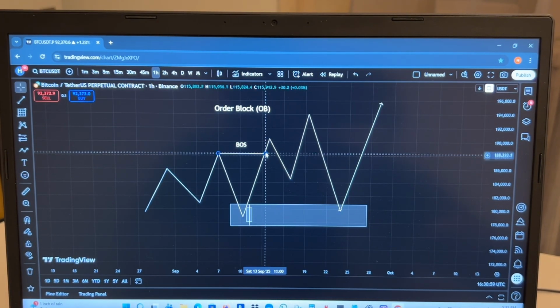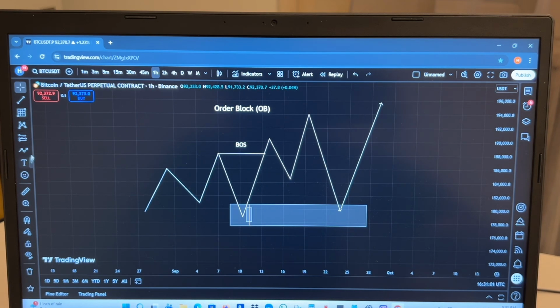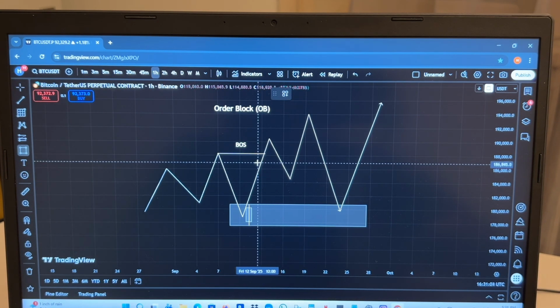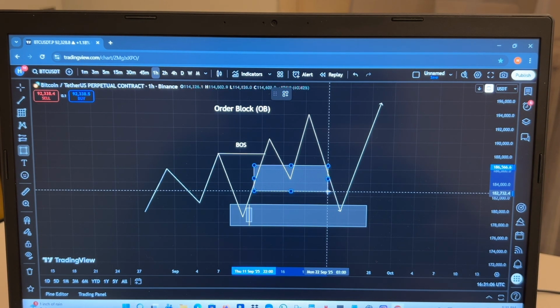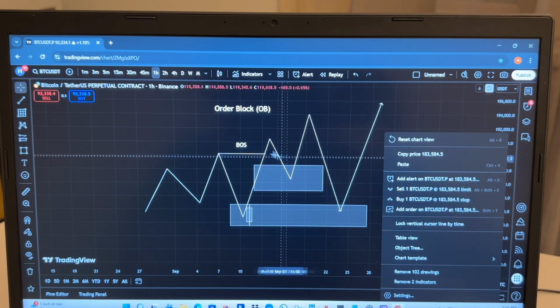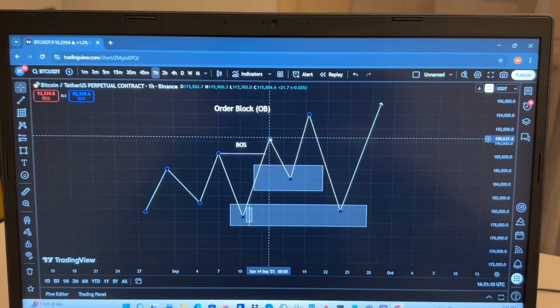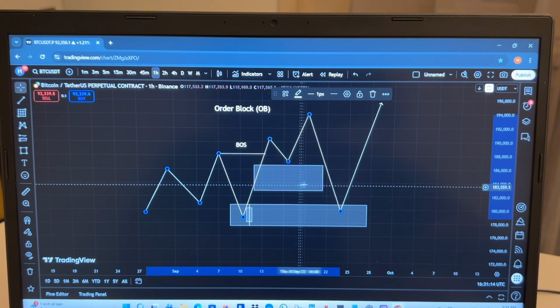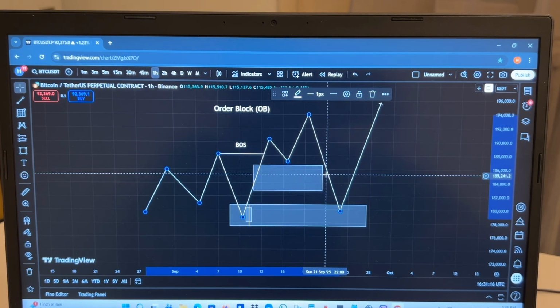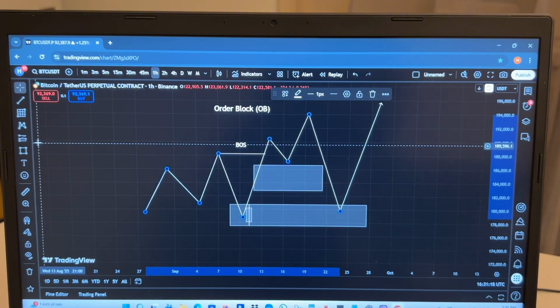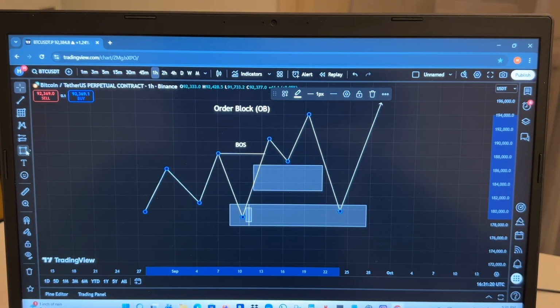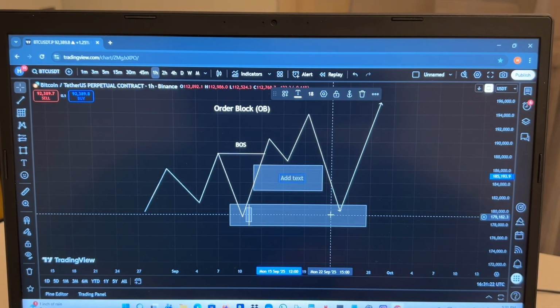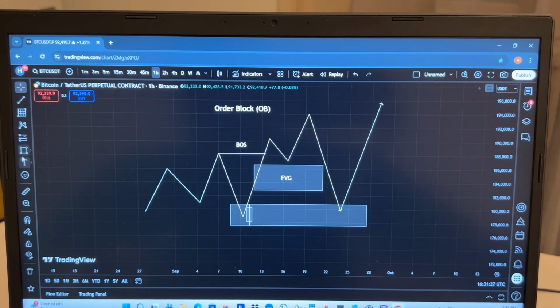So let's say the market made an FVG somewhere over here. Even though the market made an FVG, we know that at some point the market is going to be coming back for these imbalances, right? I don't want to confuse you guys. So this is an FVG and this is the OB.